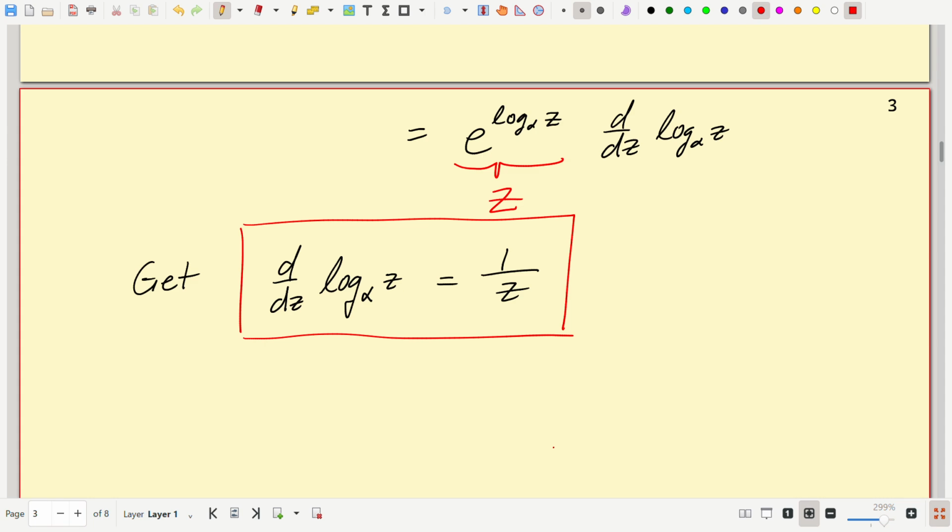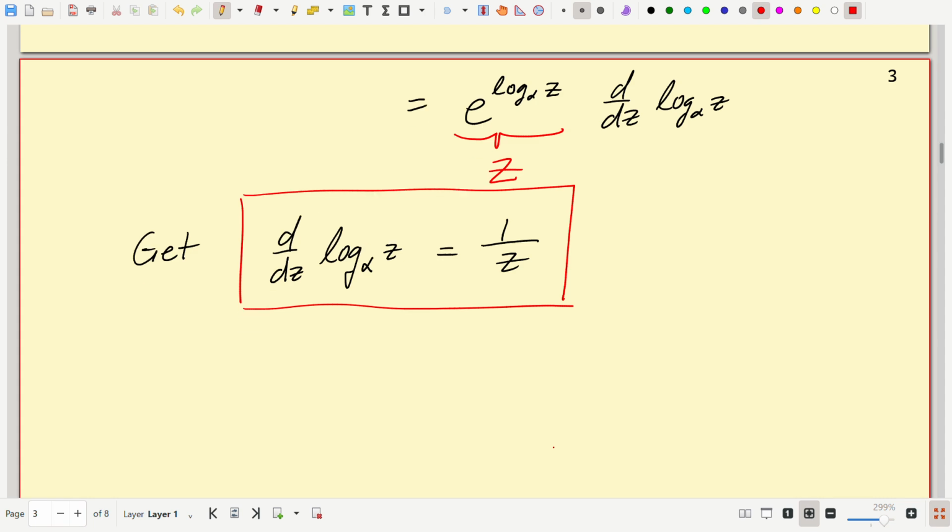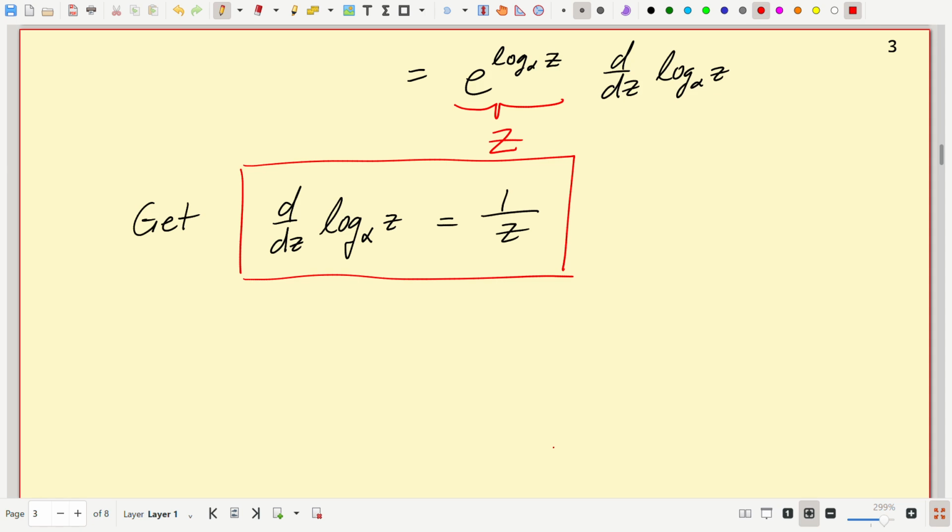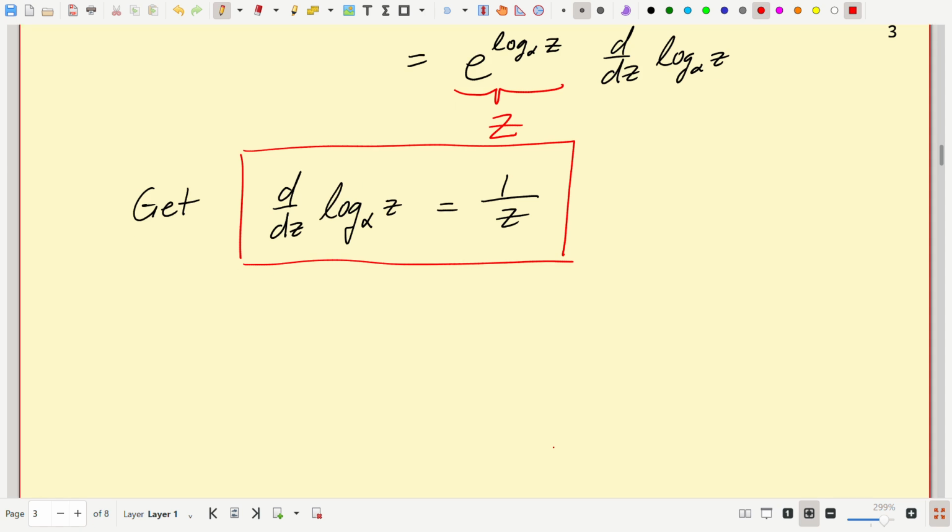Let's see, as long as I'm talking about logs here for a second, some rules absolutely carry over and some rules don't. Here's a rule that there's a problem with. Warning. You might ask, is the log of z1 times z2 equal to the log of z1 plus the log of z2?